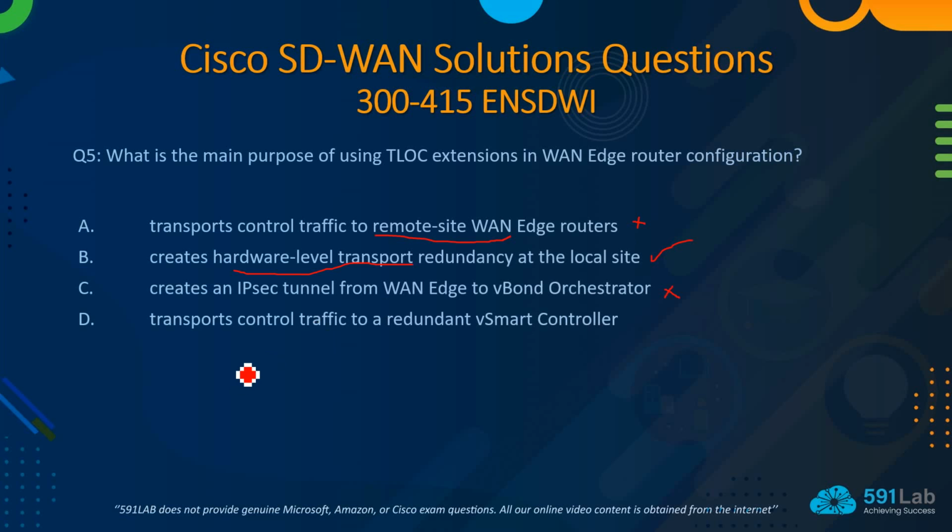Transport control traffic to a redundant vSmart controller. It's not related to vSmart redundancy, it's related to the hardware redundancy by extending a physical interface. So this also is not correct, so the correct answer should be B.